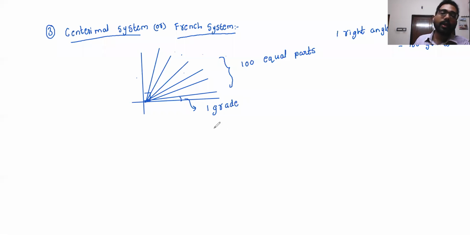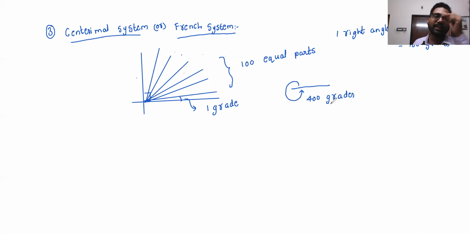So one complete rotation would be equal to 400 grades, whereas one full rotation is 360 degrees.